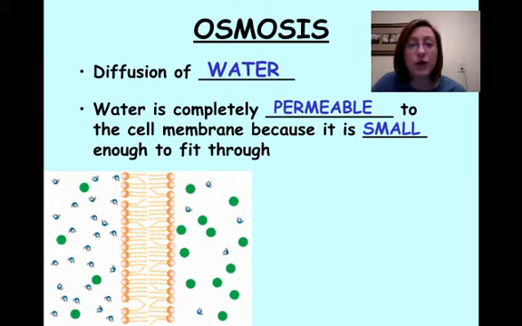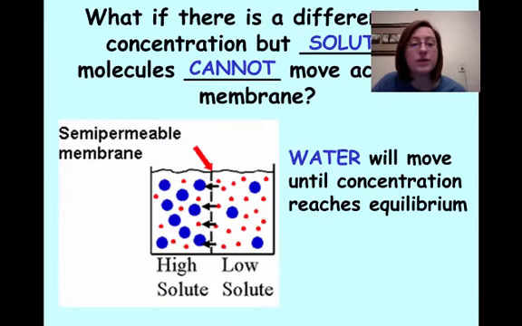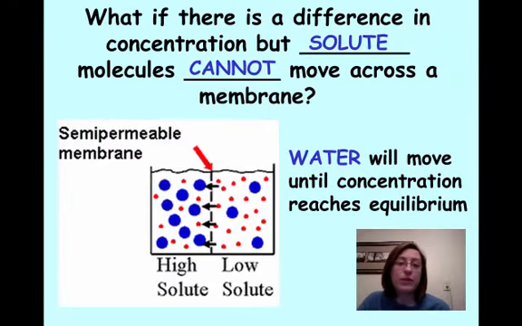So diffusion of water is what osmosis is. Water is very important in helping us to maintain a balance in the solute concentration inside and outside of the cell, because the cell is always trying to reach equilibrium with its environment. But sometimes solutes can't move. And what happens then? Well, here we have a picture. Let's look at this.